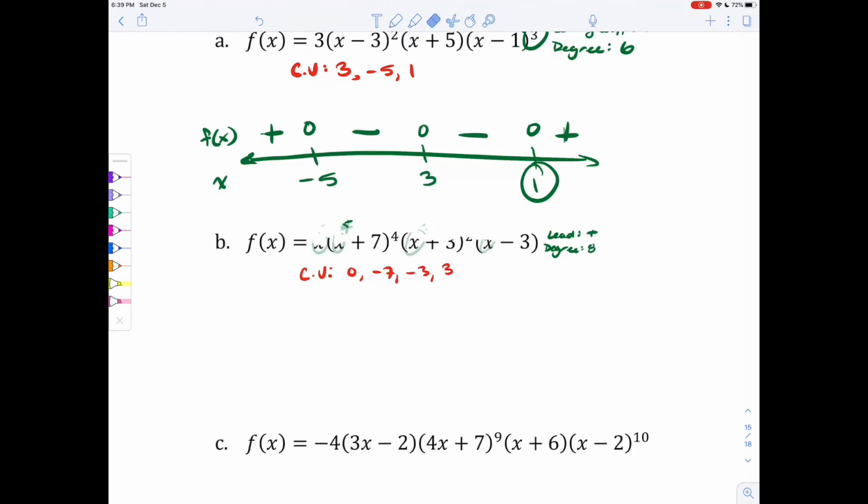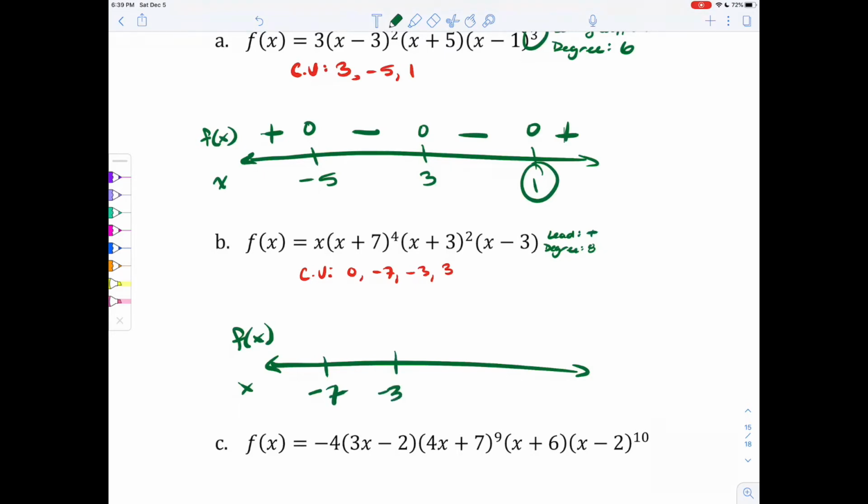So now I can make my sine diagram. X, f of x. Listing things in order. There we are. F of x is 0 at each one of those values. They are the zeros of the function. The lead is positive, so I'm finishing positive. The degree is even, so both sides should be same.